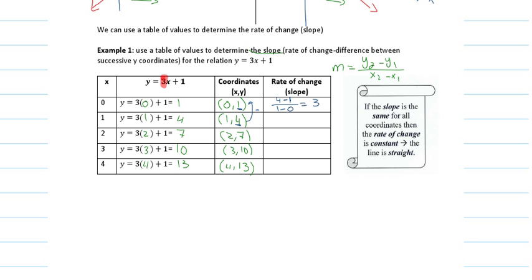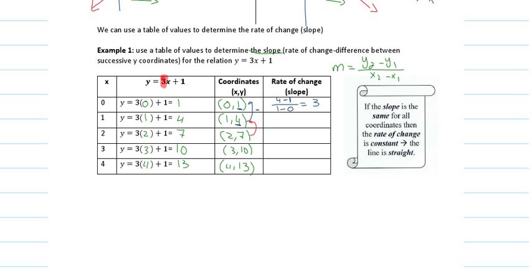Okay? Now we're going to take the second set of points. So now we're going to go with these 2 points. You always move from the bottom to the top. Okay? So what would be your y2? The bottom one.